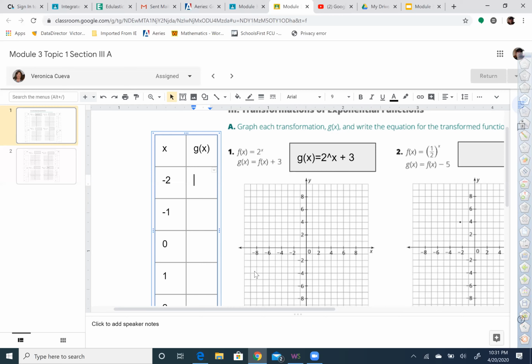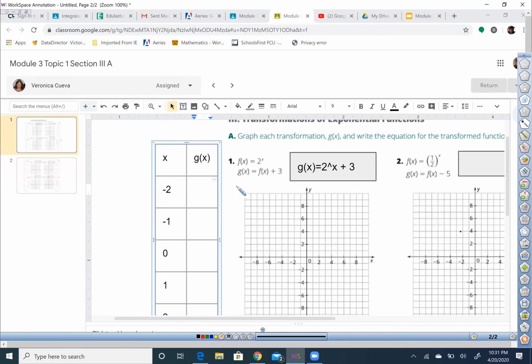We're going to get 1 over 4 plus 3, that would be 3 and 1/4.